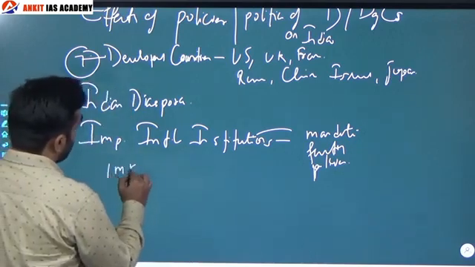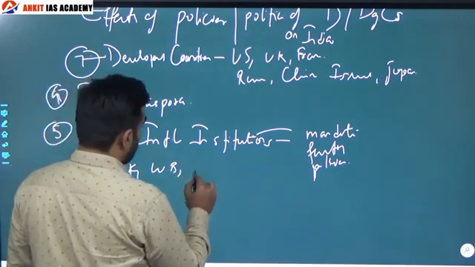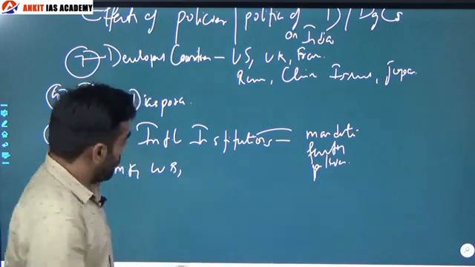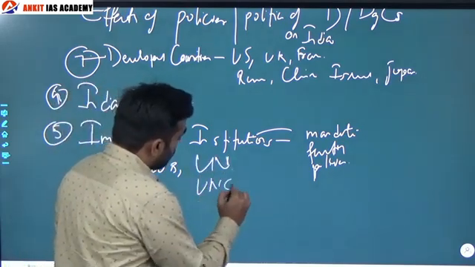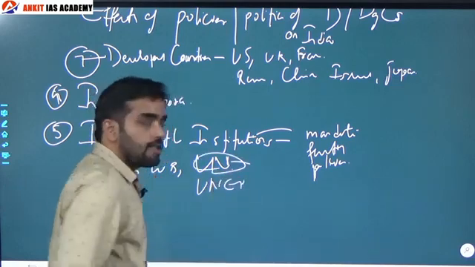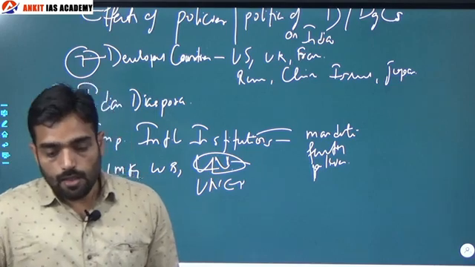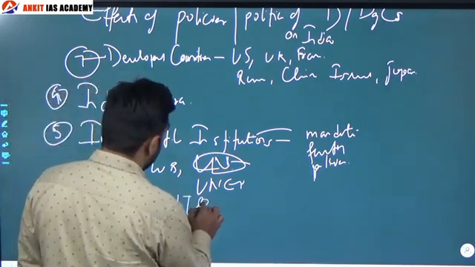IMF, World Bank, United Nations, most important, UNEP, and all other agencies of the United Nations, UNFCCC. Okay. So one more important institution, WTO, World Trade Organization.